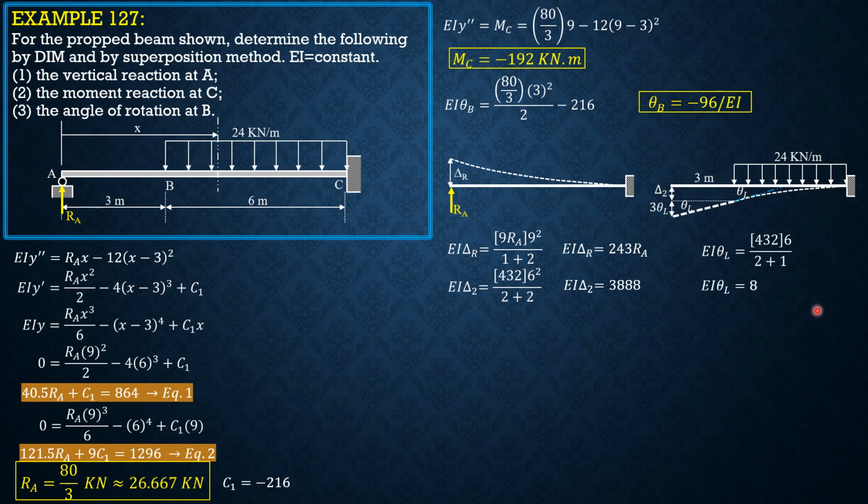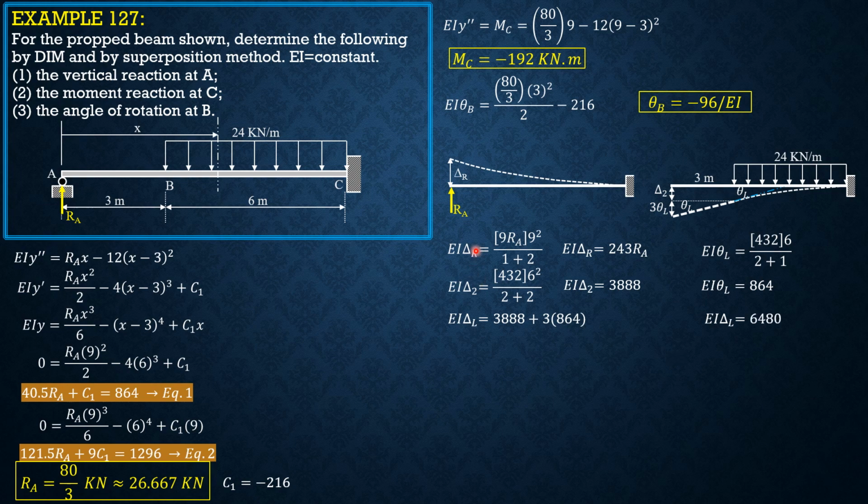So EI theta L equals 864. Therefore, EI delta L, the entire deflection due to the load, is 3888 plus 3 times 864. So EI delta L equals 6480.